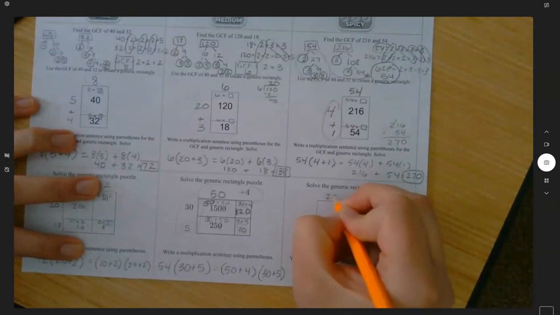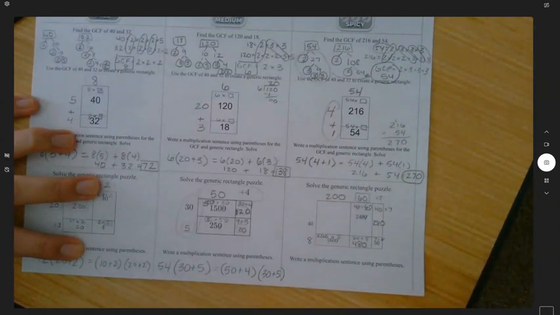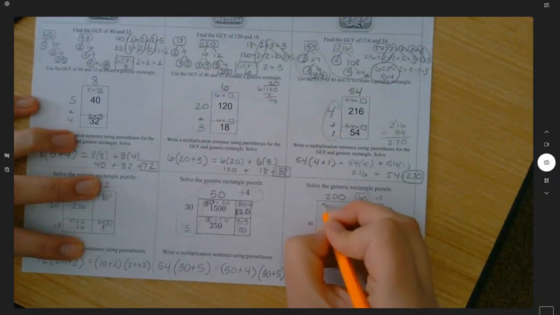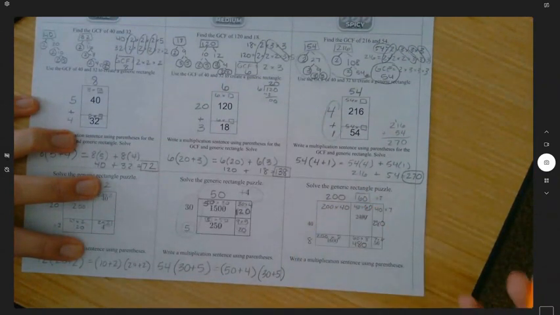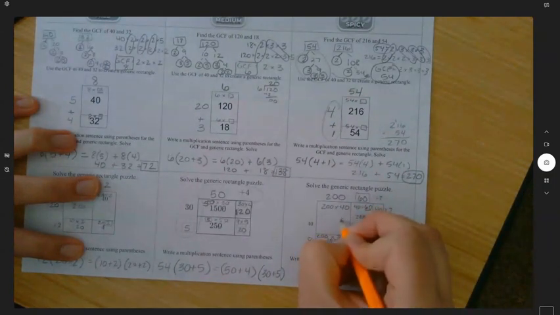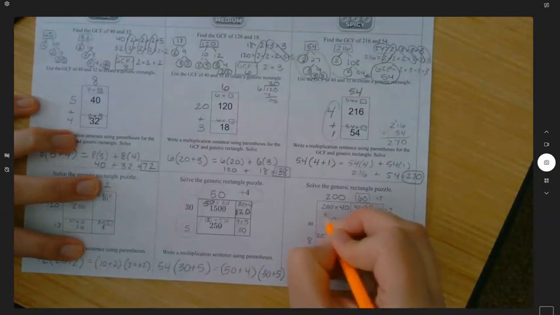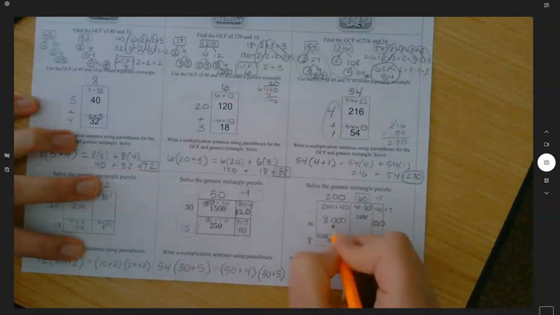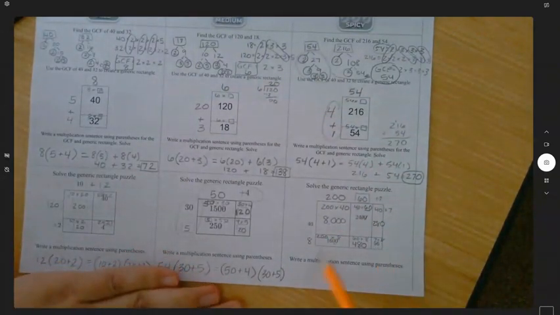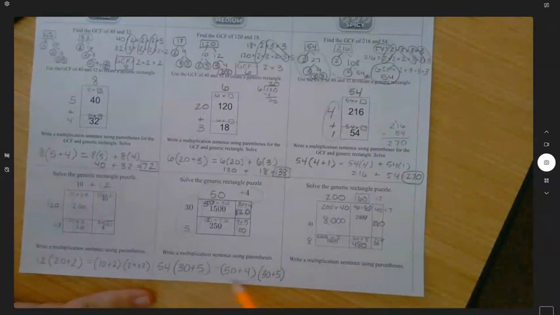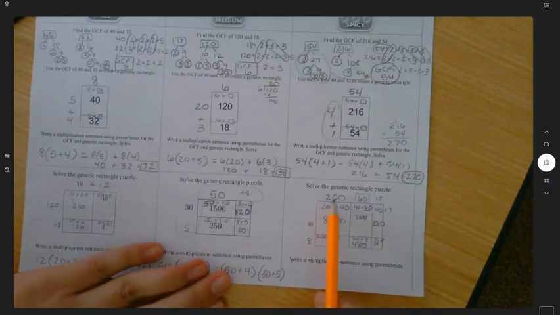So our missing number up here is 200. Then we can use that to find this missing number by doing 200 times 40, which we have 3 zeros, and then 4 times 2 is 8. So we have 8,000.